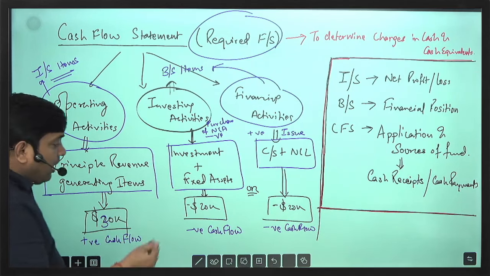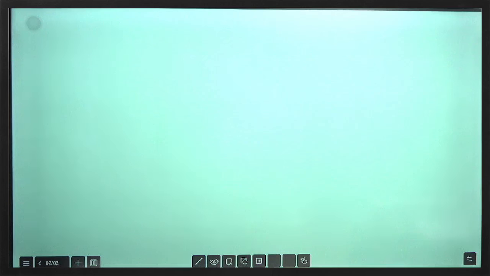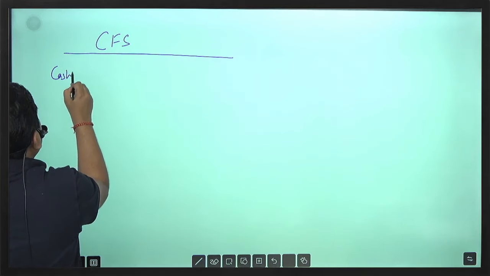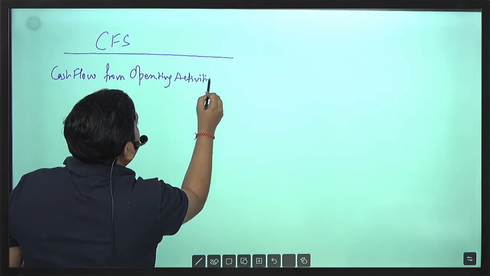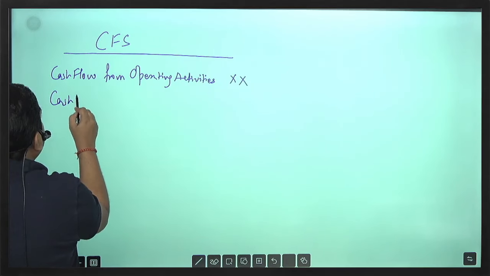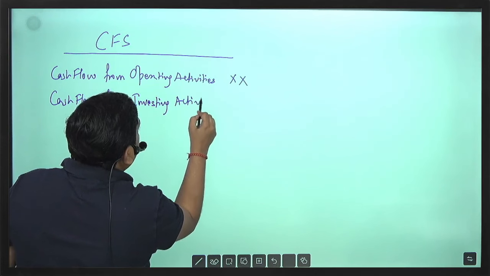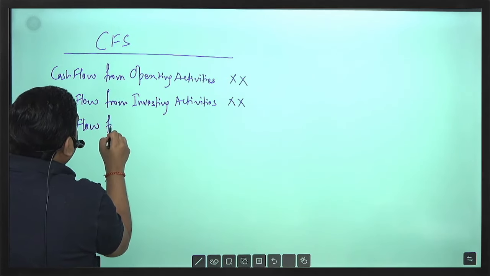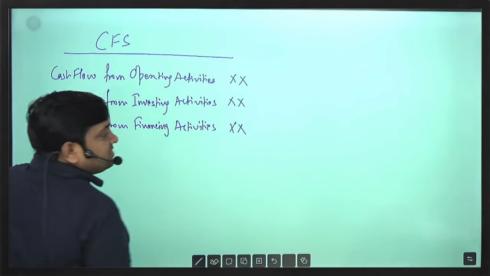Right? Now when I talk about the format of cash flow, so basically we'll be talking about cash flow from operating activities, cash flow from investing activities, financing activities.